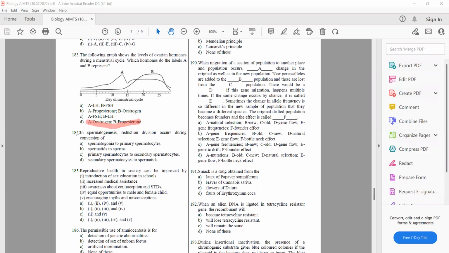In spermatogenesis, reduction division occurs during conversion of. Spermatogenesis is the formation of spermatids, the male gamete, from the spermatogonium. Meiosis takes place there, and meiosis one is what we call reduction division.